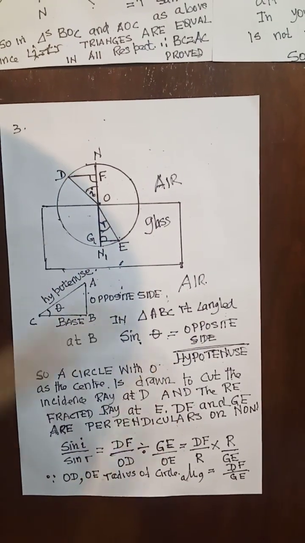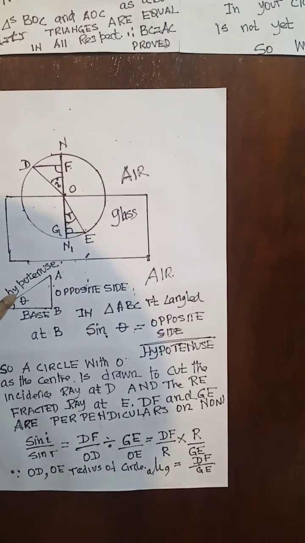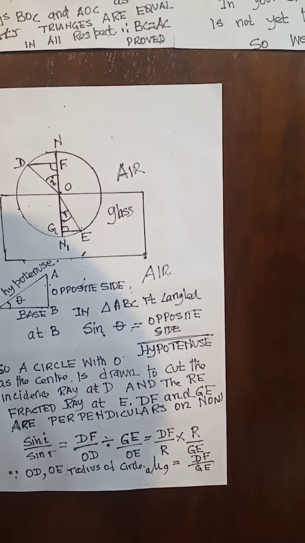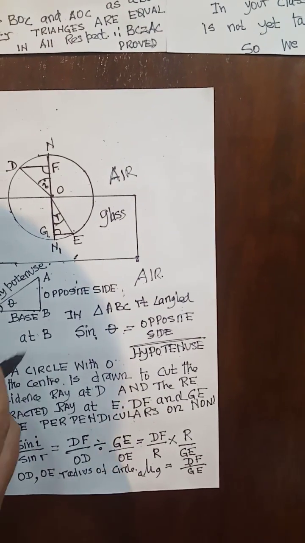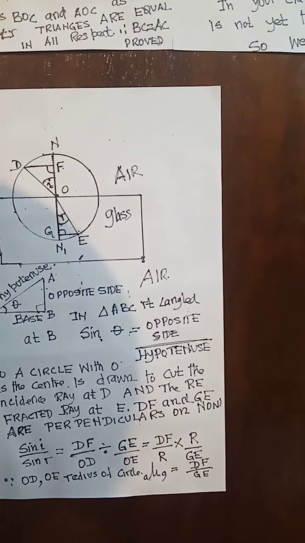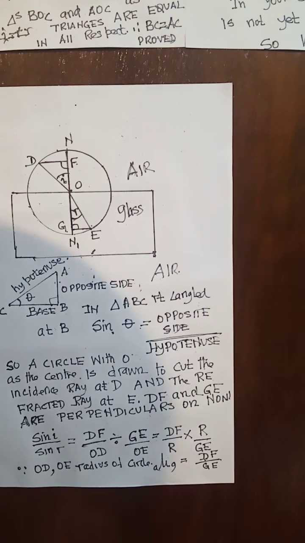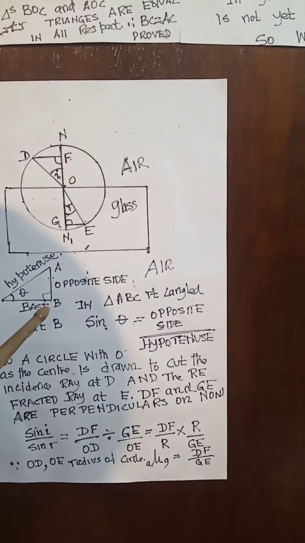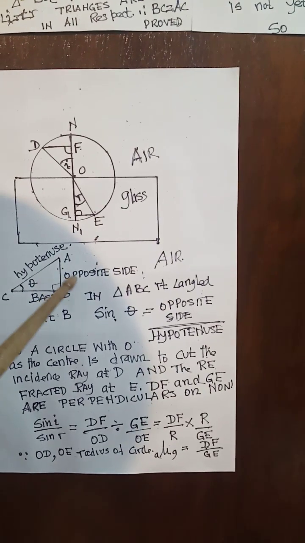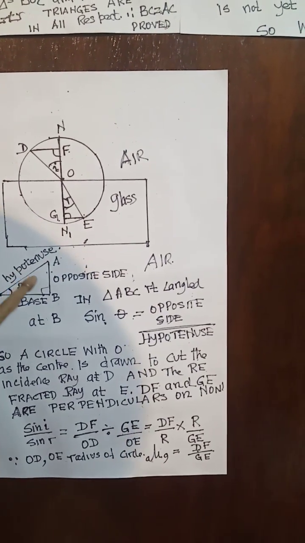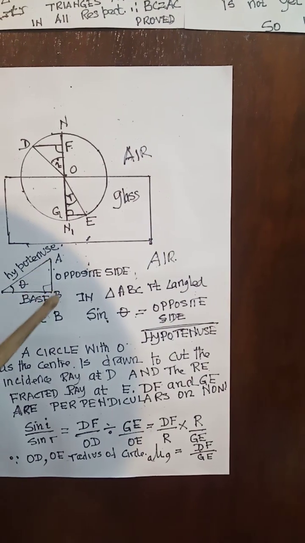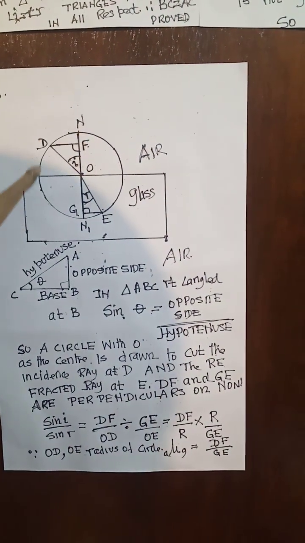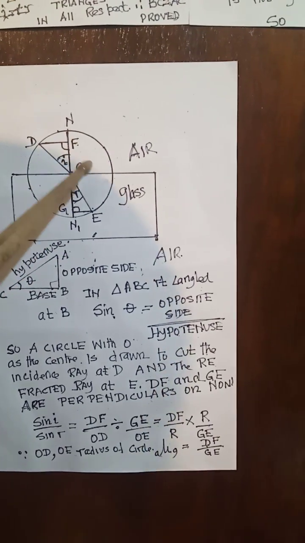And before that, let me tell you, my children, sine theta: here is a right angle triangle, angle B is a right angle, so sine theta is opposite side by hypotenuse. Don't say perpendicular, because BC is also perpendicular, and you'll get confused. So sine theta is AB by AC.